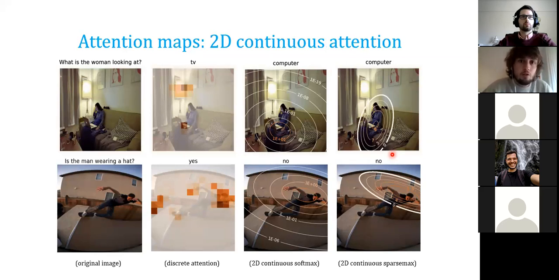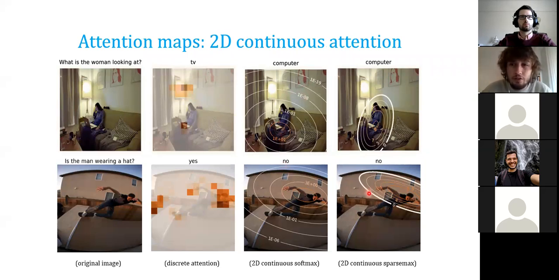Perhaps more interesting is to look at the attention maps generated by each model. So these examples show that usually discrete attention is more scattered than continuous attention, and we already expected this, right? But as a result, this may lead to incorrect answers. On the other hand, continuous attention helps to improve focus on the important image regions.